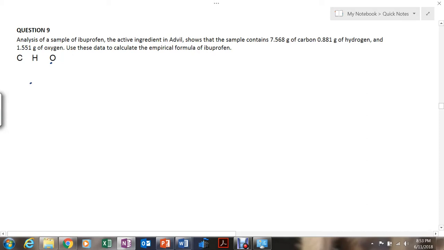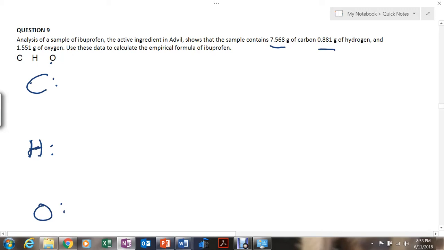This is an easy empirical formula problem, and it gives you the grams of each one. This is the way I would like you to do it, because I think it's easy and organized. First of all, we have the grams of each one. We don't need to assume 100 grams because it's not given in percentage.